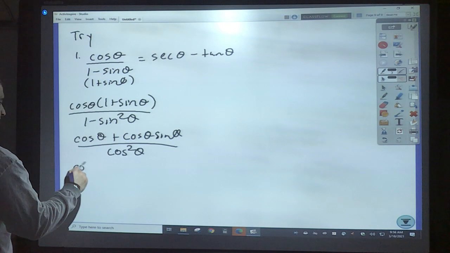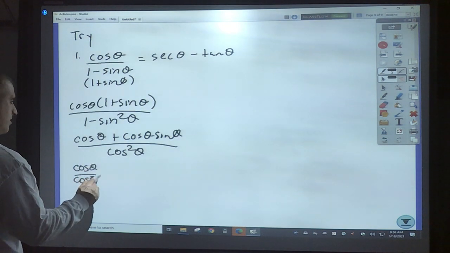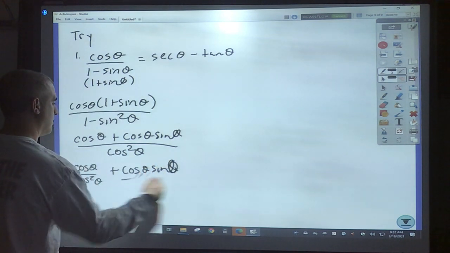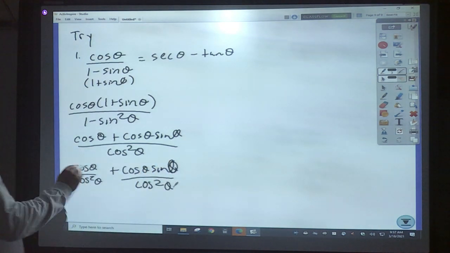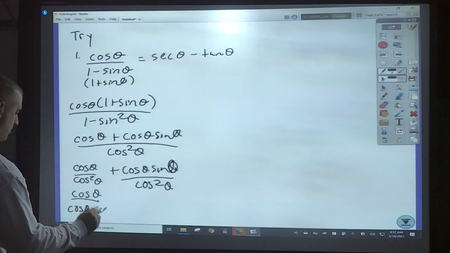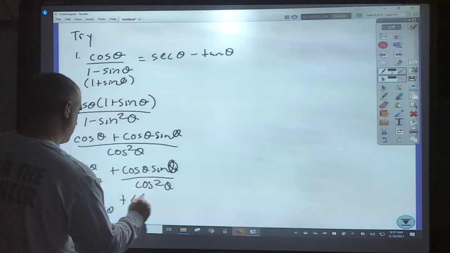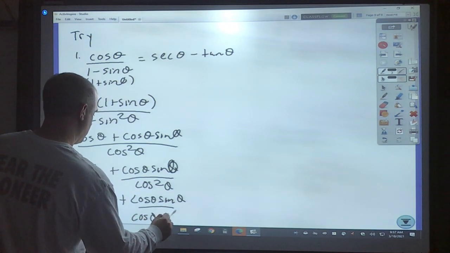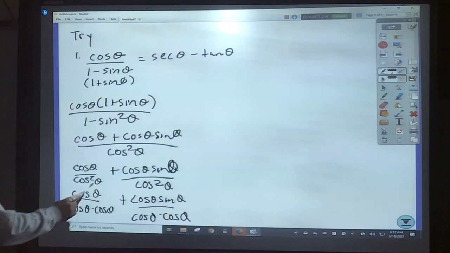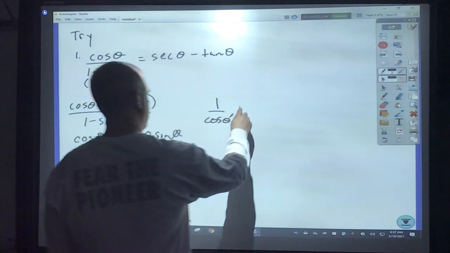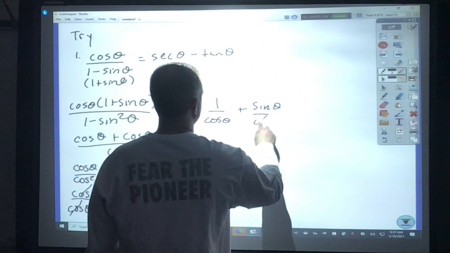So what I'm going to do is split this: cosine theta over cosine squared, cosine of theta sine of theta over cosine squared. I'm going to expand the squareds. So I can eliminate, boom, boom, boom, boom. So what I got here is 1 over cosine theta plus sine theta over cosine theta.